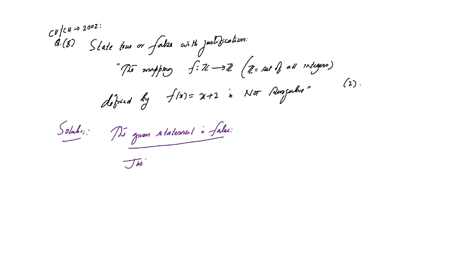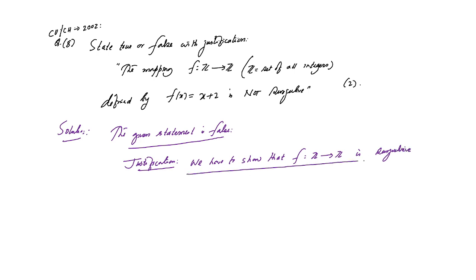That we need justification for. Actually we have to show that the map from Z to Z is surjective. If we show that, in that case we can prove this map is surjective.